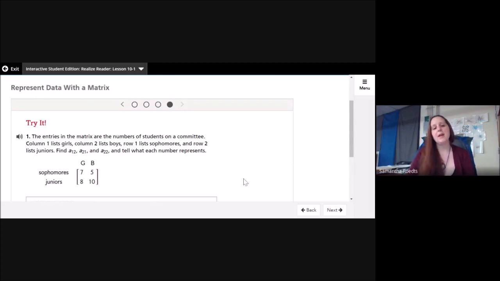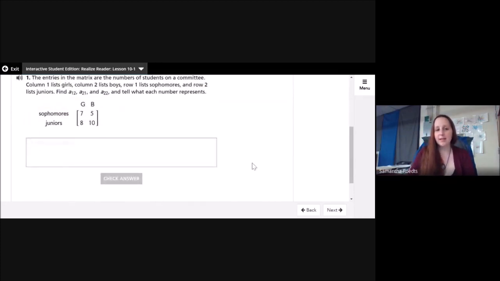All right, let's try it. The entries in the matrix are the number of students on a committee. Column 1 lists girls, column 2 lists boys. Row 1 lists sophomores, and row 2 lists juniors. I want to find A sub 1,2, A sub 2,1, and A sub 2,2, and tell what each number represents. In my first one, I have A sub 1,2. That means my first row, second column.